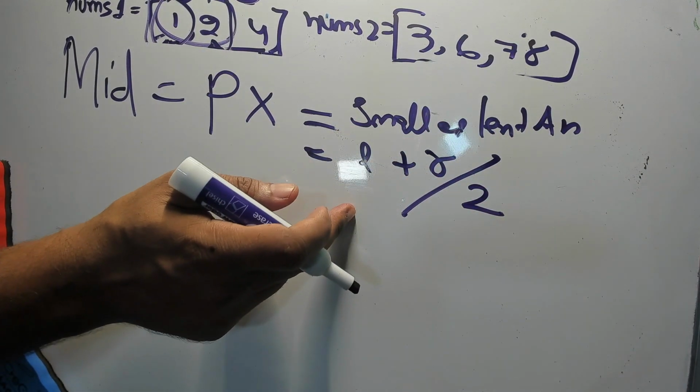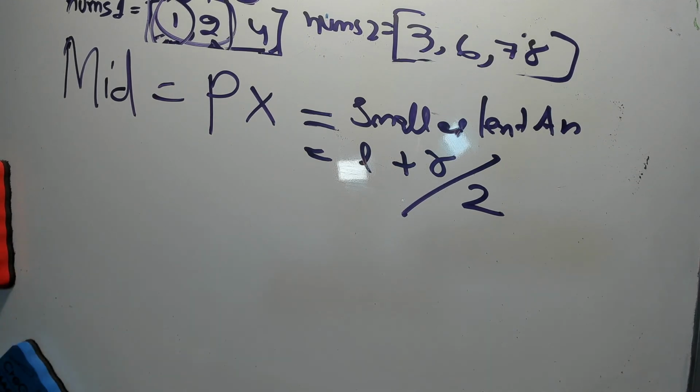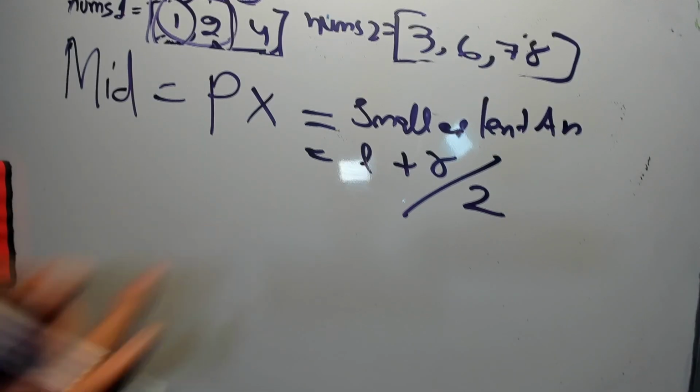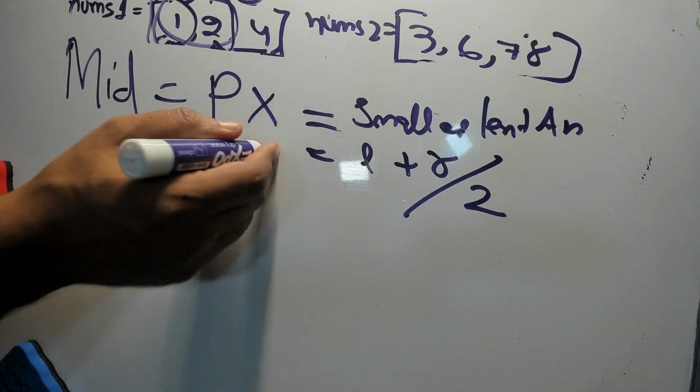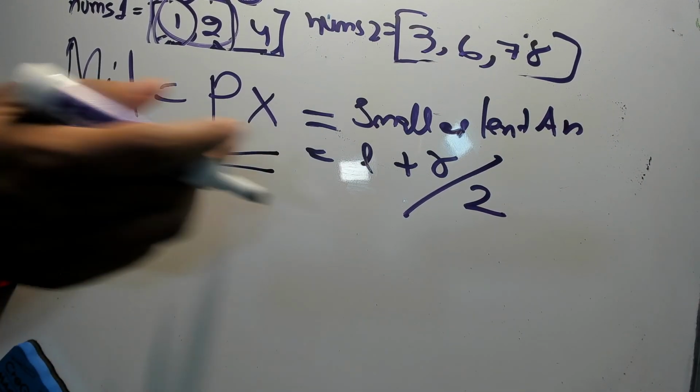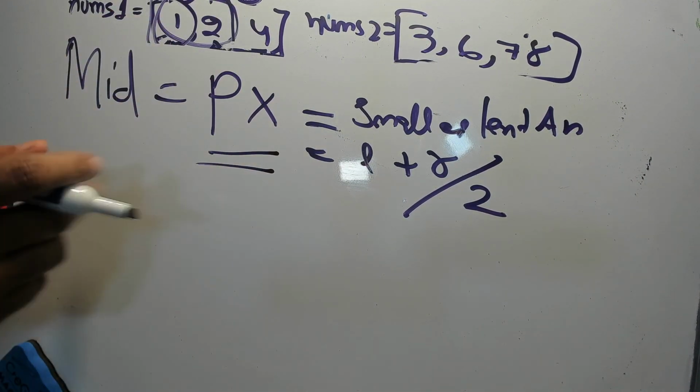For the smallest, it's a normal calculation, like in every binary search, right? Left index plus right index divided by 2. Px, that is our px, here we can call it how many items we are picking up from nums1.